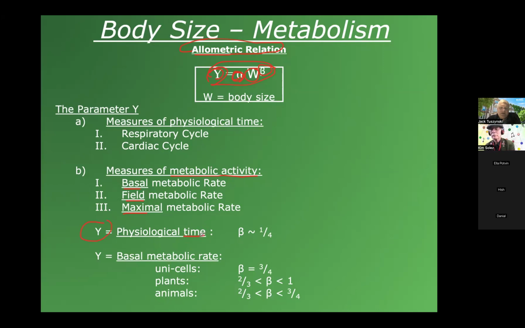It could be cyclical, or it could be linear. So that's the exponent that is found for physiological time: beta is 1/4.